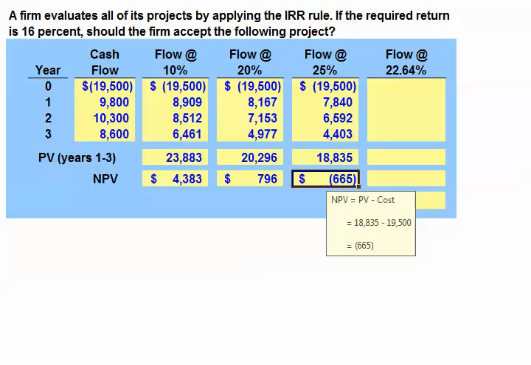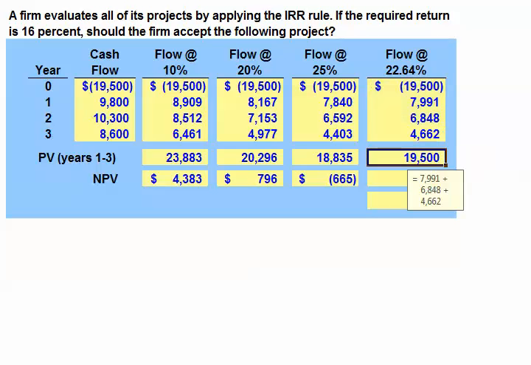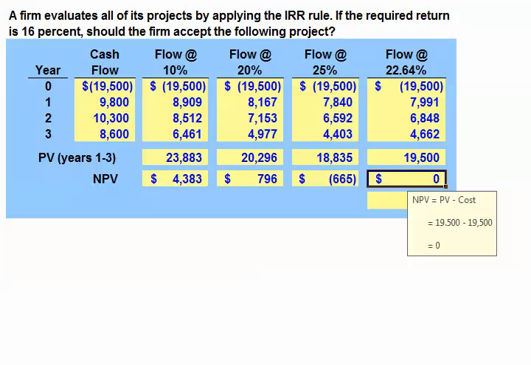We would keep continuing this process by trial and error until we happened upon the interest rate of 22.64%. Because at 22.64%, the sum of the present value of the cash flows in years 1, 2, and 3, that is the $7,991, plus the $6,848, plus the $4,662, exactly equals our project cost of $19,500.